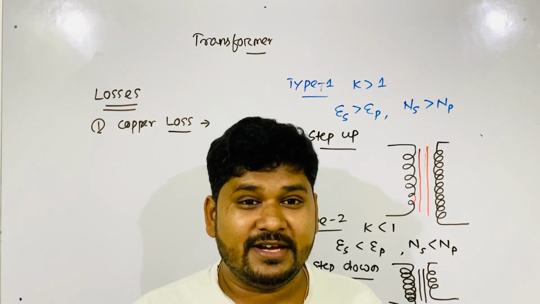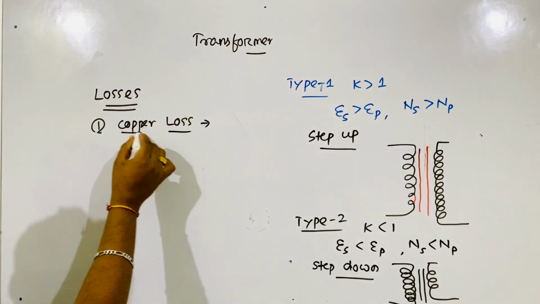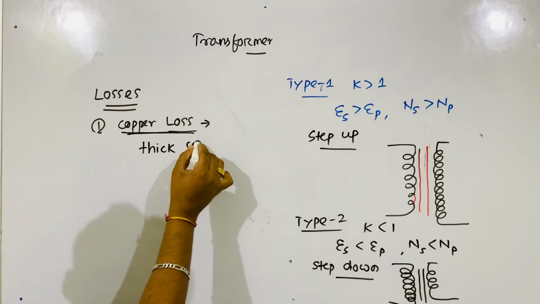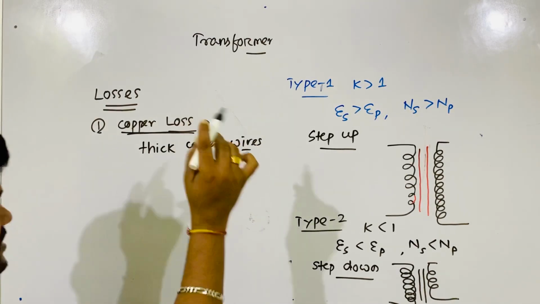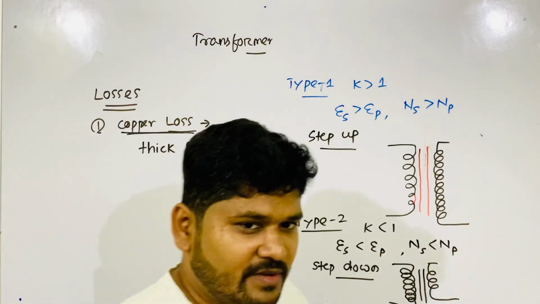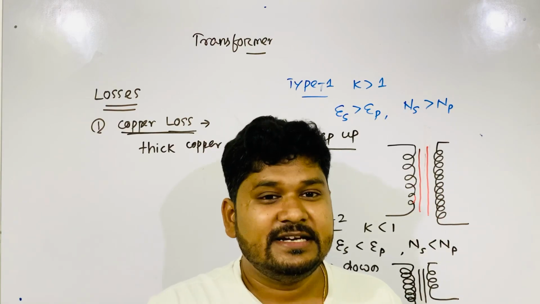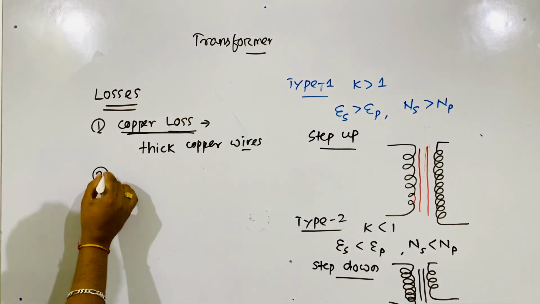If we take a thick copper wire, resistance will be a little less. So to minimize this loss, you have to take thick copper wires. This is the method of minimization: the more the area of cross section, the less the resistance. Thick copper wires, this is how we can minimize copper loss.